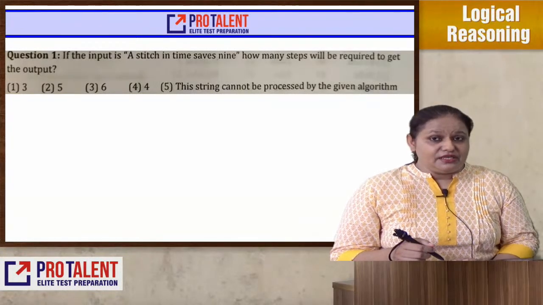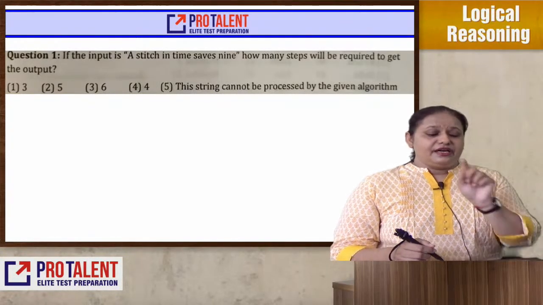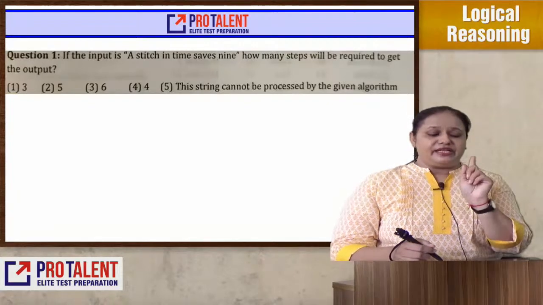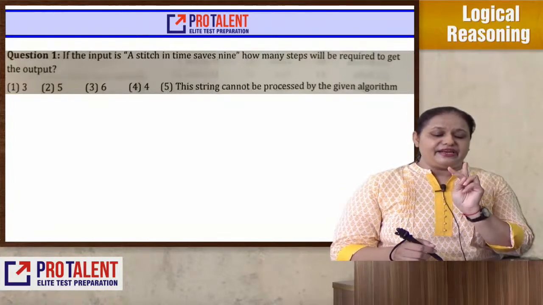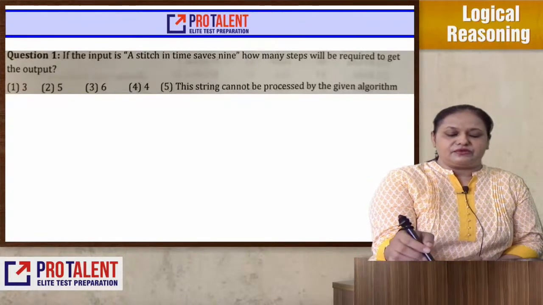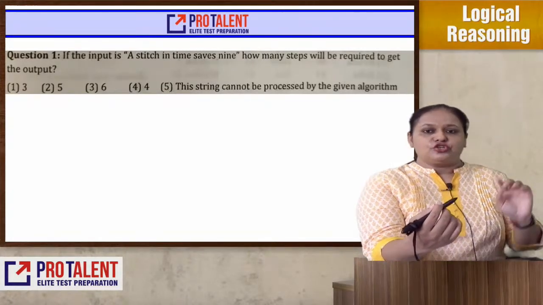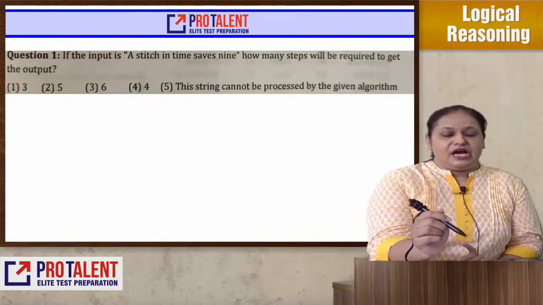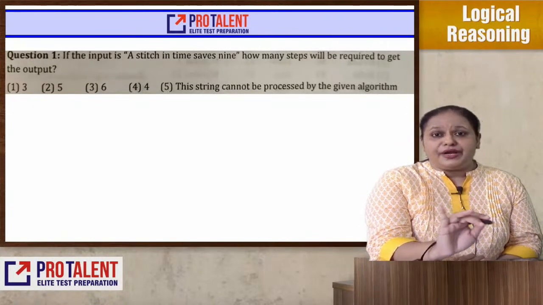And friends, over here, don't do it mentally. First A is there, only that, and then there is just IN. So 2, and then a 5-letter word, 6-letter word, 4-letter word. So there are all singles, right? Initially don't do it mentally.